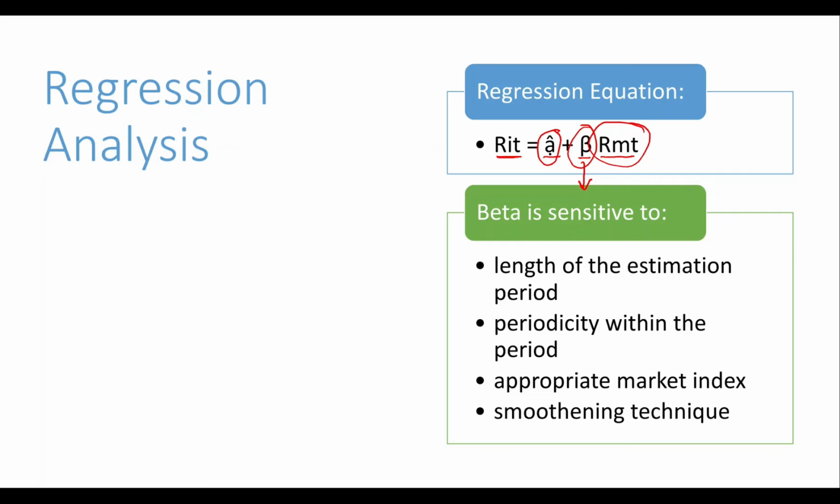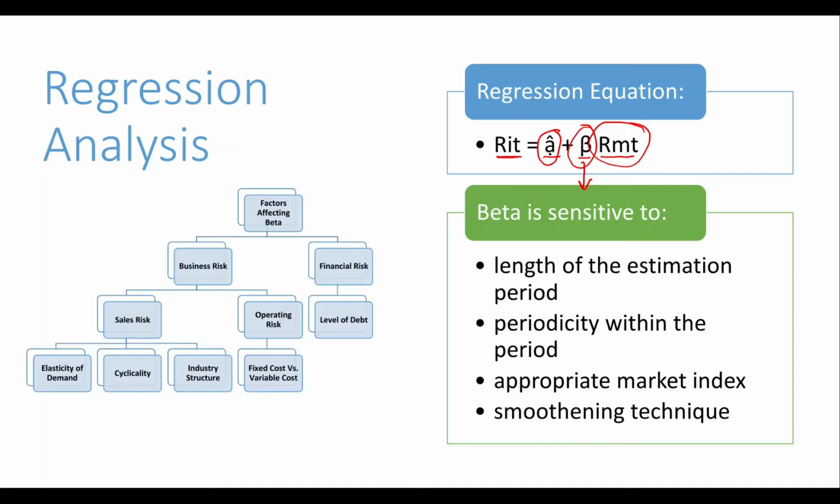Now, as mentioned, beta is the measure of a systematic risk. It is mainly affected by business risk and financial risk. The business risk of a company is mainly caused by two things. One is the uncertainty of revenues, also referred to as sales risk, which in turn is impacted by three things: elasticity of demand, its cyclicality, and the industry structure.